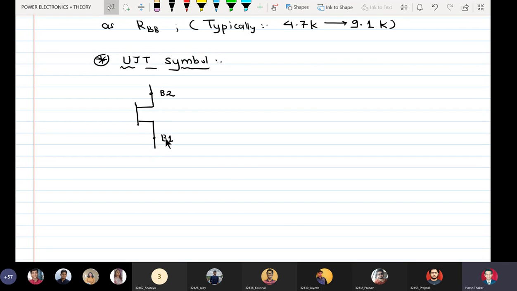This is the second base, B1. And here we draw something like this, and this is my emitter. Between these two bases there is this characteristic resistance RBB which we do not draw but is there, and here there is a diode formed. So many times the symbol for UJT is also drawn like this.